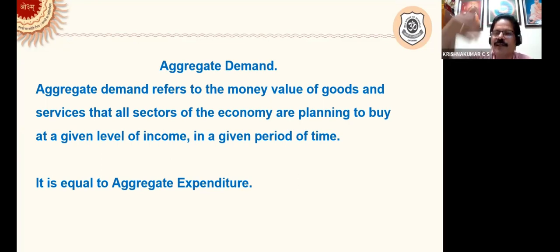You can go with some kind of mathematical calculation also to make them understand what is aggregate demand. Aggregate demand is always equal to aggregate expenditure. I am planning to buy goods and services worth 100 rupee, so my planned expenditure also will be the same, 100 rupee.